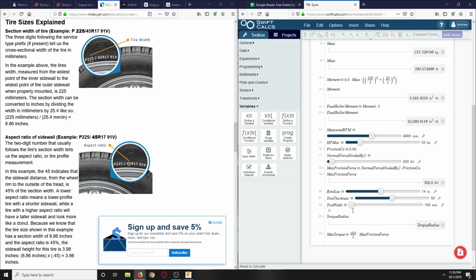Okay. So let's say I'm running like 205 or something on the Rabbit. So 205, that's fine. Torque radius is equal to tire width times tire thickness, and then this is going to be divided by 100.